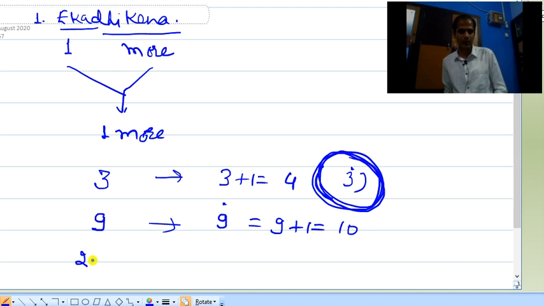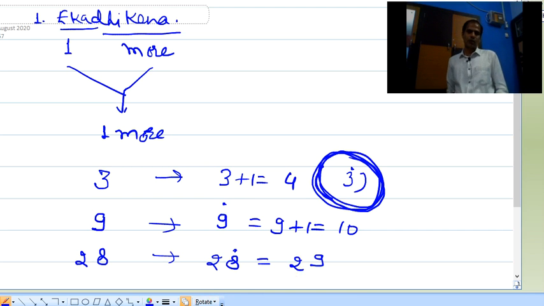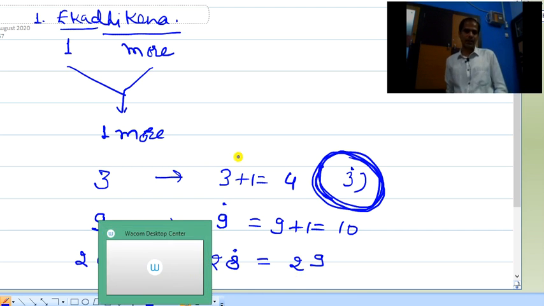If the number is 28, then ekadhiken of 28 will be 29, but we have to write a dot over the unit digit, meaning the 8 is the digit at unit place. Then we write the ekadhiken of 8, that will be 9, and 2 is written as it is. So it is 29. Students, this is the meaning of ekadhiken.